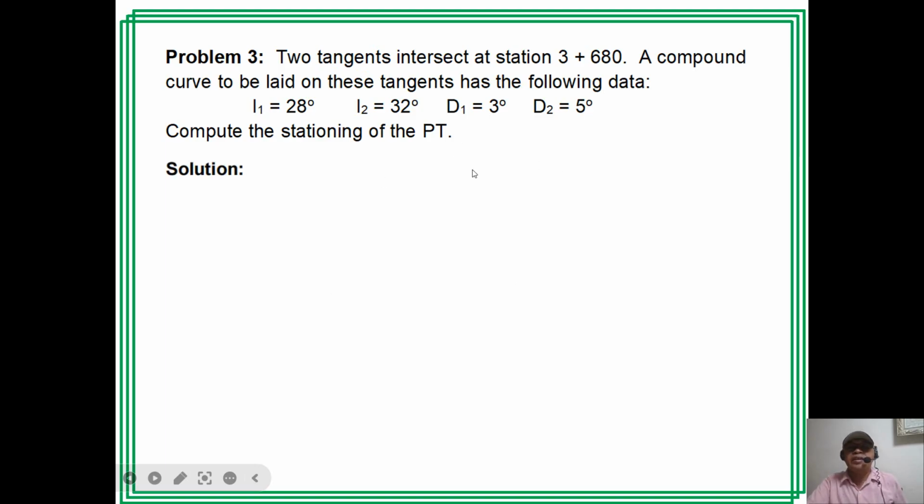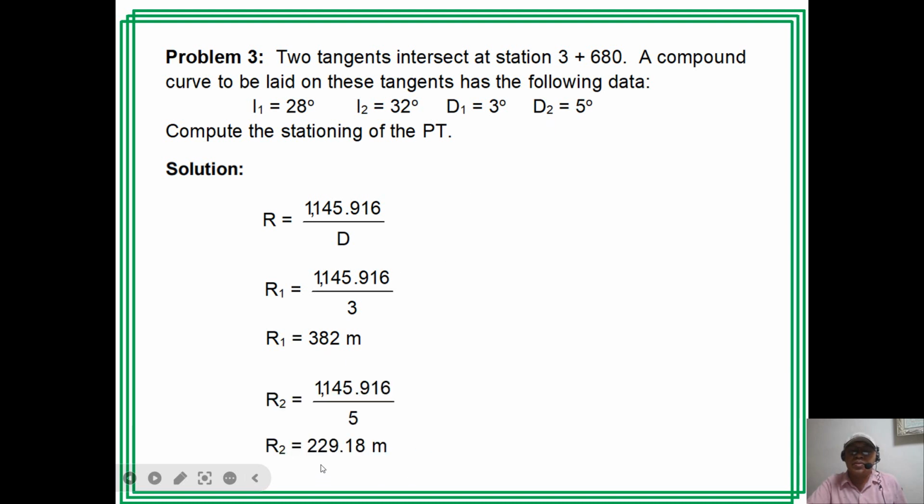Okay. From the I and the D, we can solve for R. R is 1145.916 over D. So for R1, this is equal to 382. For R2, this is equal to 229.18. Now we substitute the degree of each curve, 3 degrees and 5 degrees, in order to obtain the radii of the two curves.